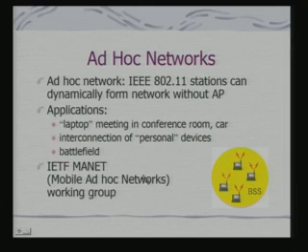When you have an ad hoc network, you are really not having an access point. Access points belong more to an infrastructure network, which provides you nomadic access. In an ad hoc network, stations dynamically form a network without an access point. In fact, there are IETF managed mobile ad hoc networks, and there are protocols built on top of 802.11 to enable this kind of ad hoc network setup.